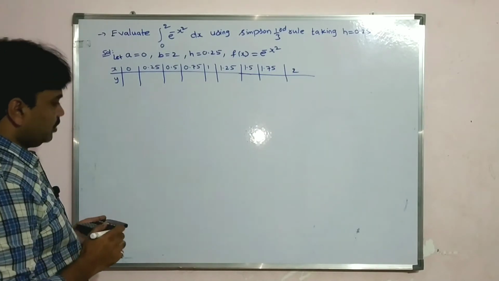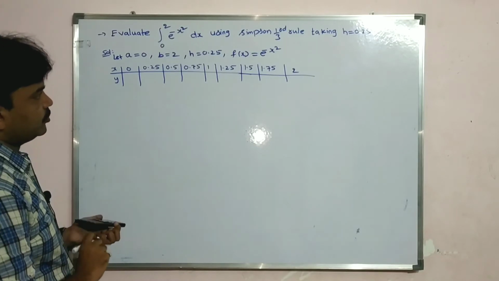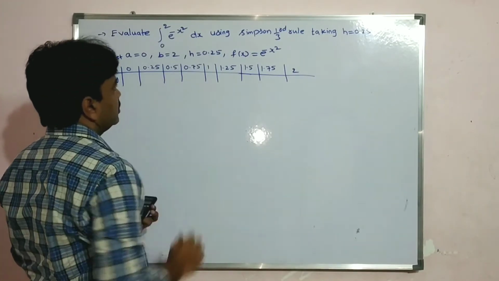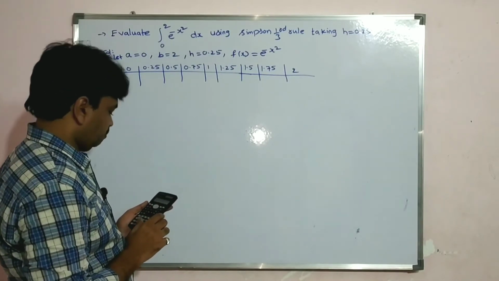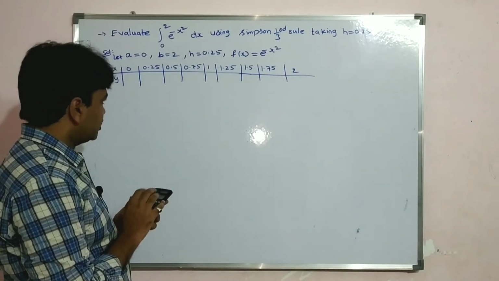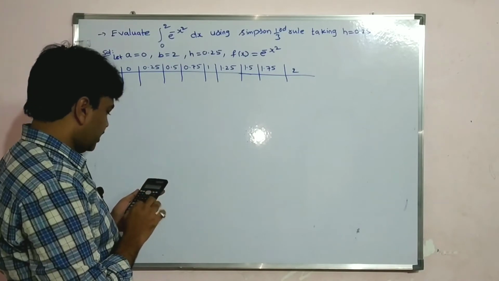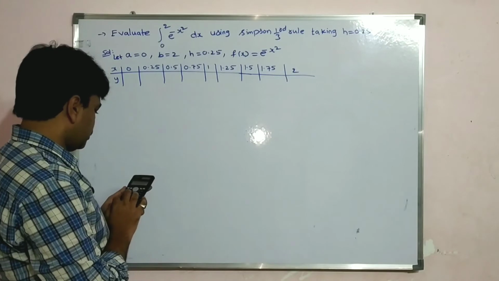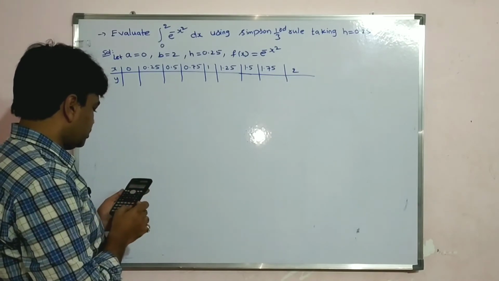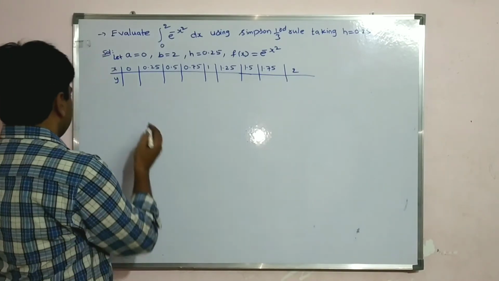So again you calculate these values in the calculator, students. Using e power minus 0 x square, we get the value 1.